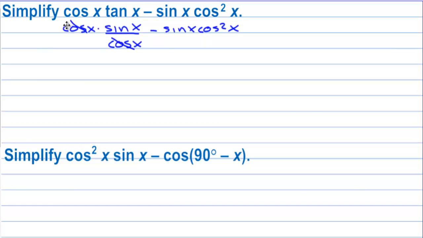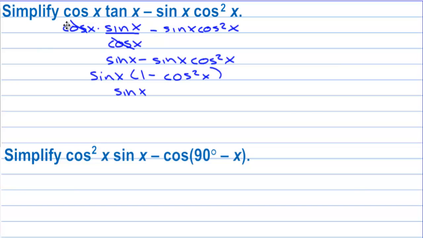Well, these cosines cancel out, leaving sine of x minus sine of x cosine squared x. Now we can factor out a sine x, 1 minus cosine squared x, and 1 minus cosine squared x is the same as sine squared. We have sine of x times sine squared of x, which is sine to the third of x.